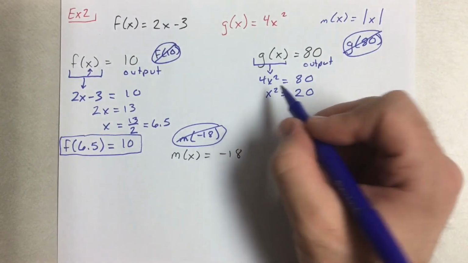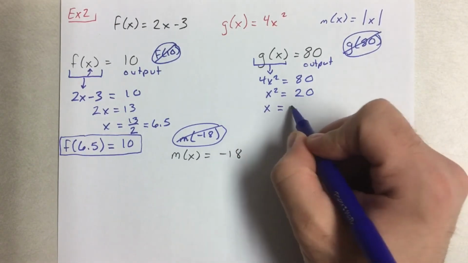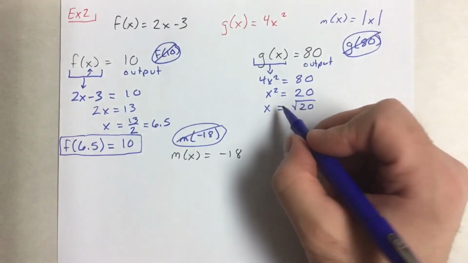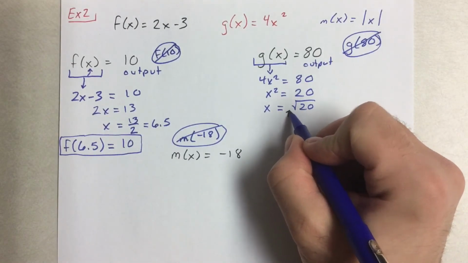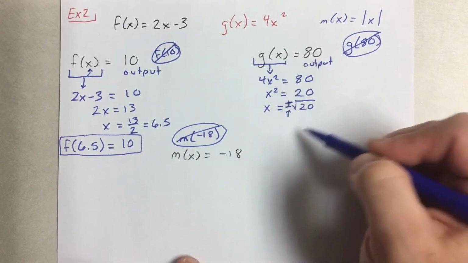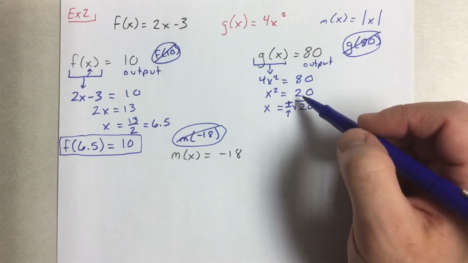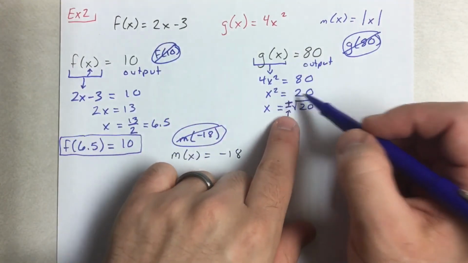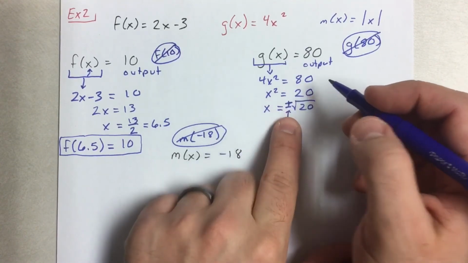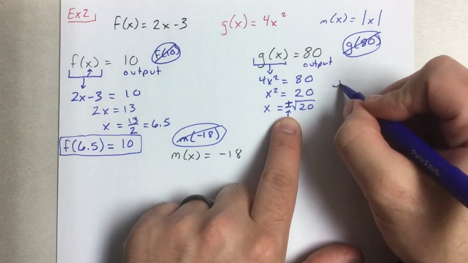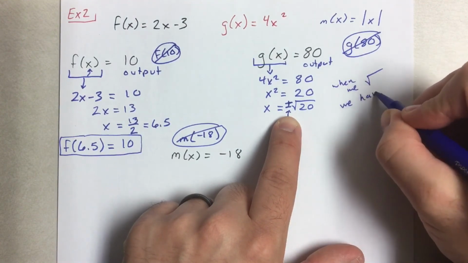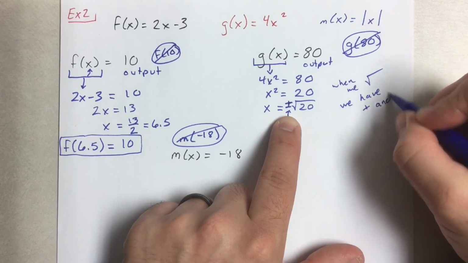And when we take the square root of this, okay, 20 is not a perfect square, so we're going to get a decimal, but we have to remember when square rooting that we get 2 results, guys. This doesn't happen every single time, meaning we do not have to square root every time, but when we square root, we have a positive and negative. We have 2 answers.